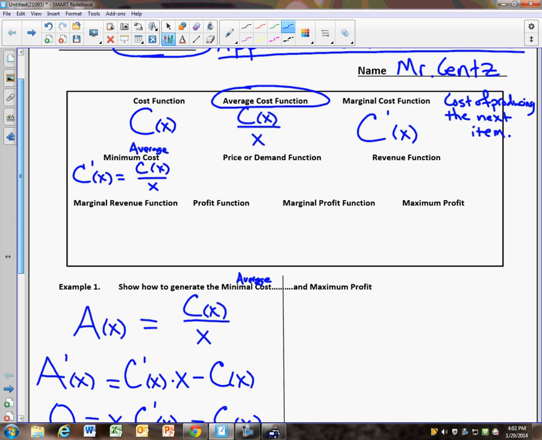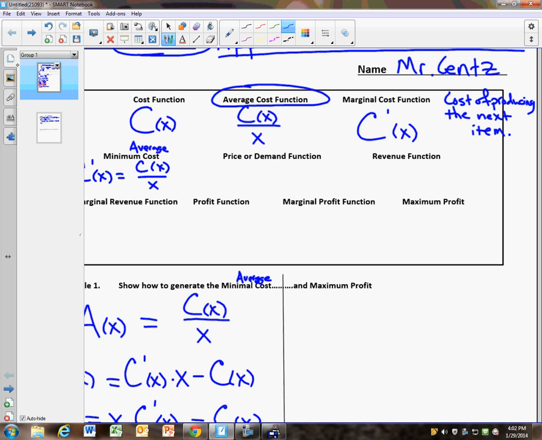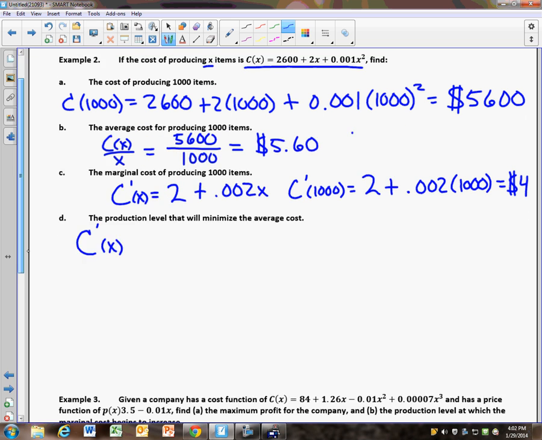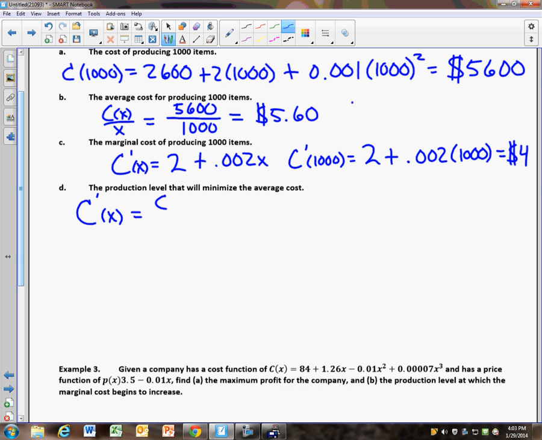That's the thing we just generated at the beginning of class. We generated that formula, so we want to use that. So C prime of x equals C of x over x.